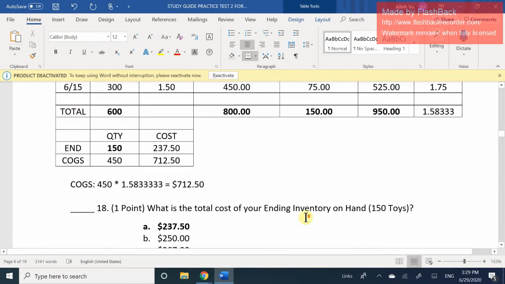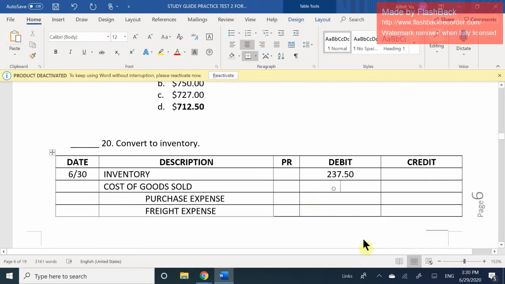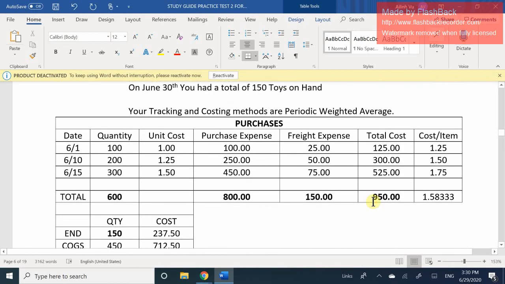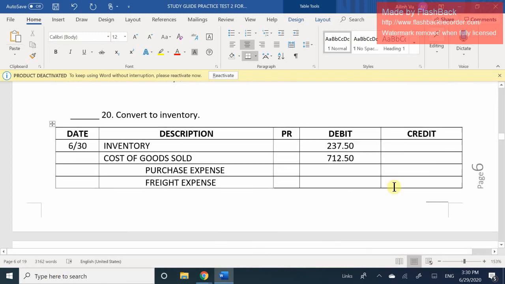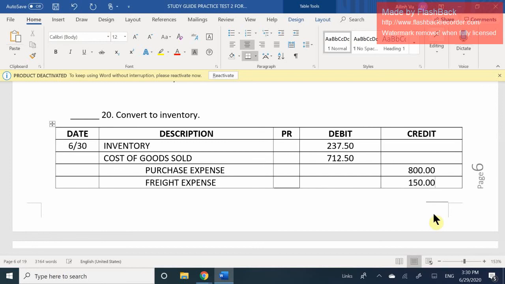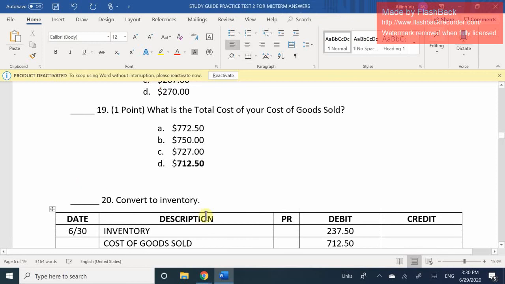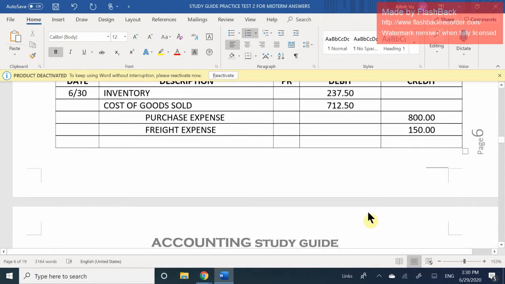And how much was our cost of goods sold? 712.50 is correct. How much was our total purchase expense? 800, and our freight expense was 150. 800 and 150, and if you tally them up, they should equal each other. 950 on each side.